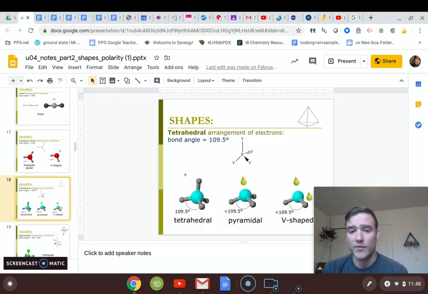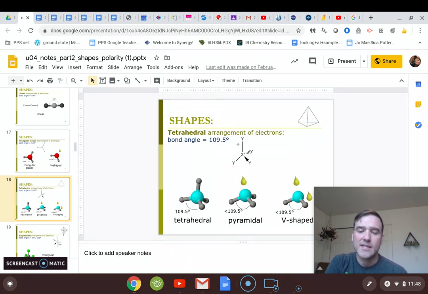When there are 4 regions around the central atom, 4 steric centers, the shape is called tetrahedral because it makes a 3-dimensional tetrahedron. So you can kind of see here, generically, central atom X will have 4 Y atoms surrounding it. The little notation that you're seeing here is maybe helpful to think about a drawing in 3 dimensions.